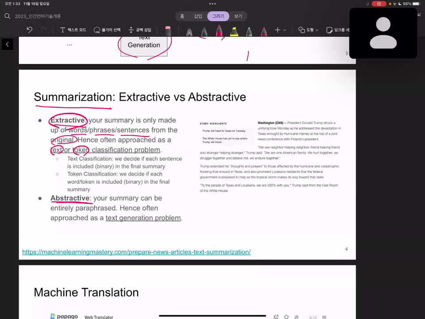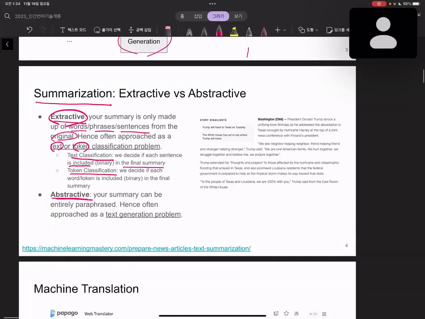We just classify the given tokens as summary or not. With text classification, we decide if each sentence is included in the final summary. And for token classification, we decide if each word or token is included in the final summary.